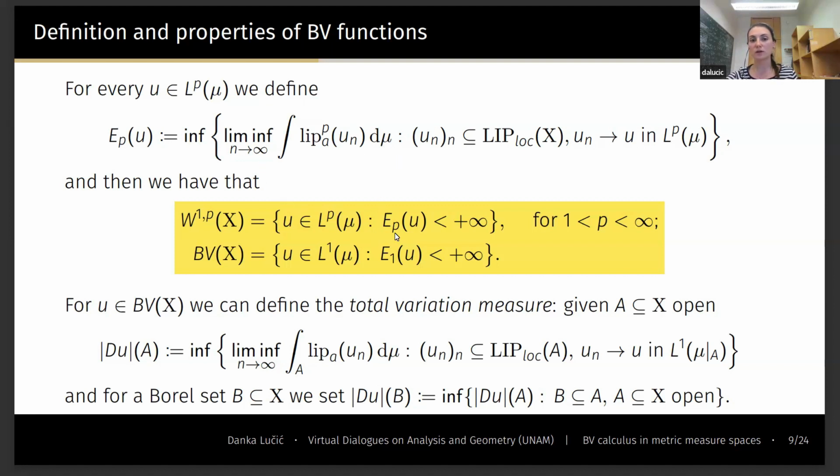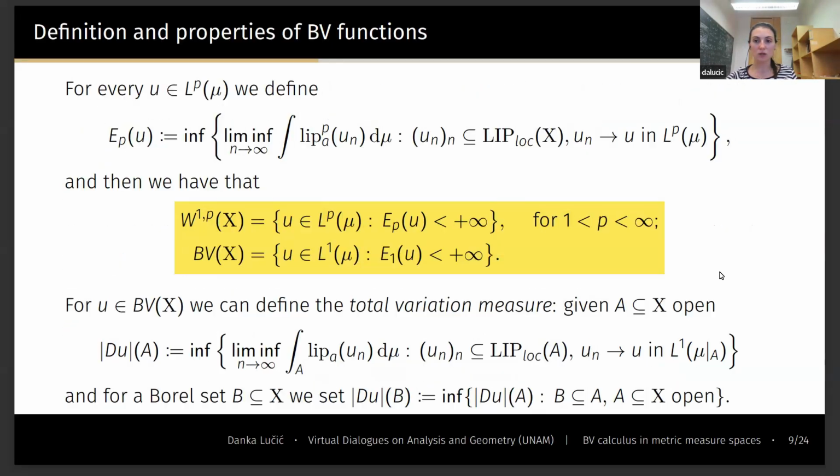And whenever a function u has finite energy, we say that it belongs to the space of Sobolev functions when p is greater than 1, while when p is equal to 1, we end up in the case of BV functions.